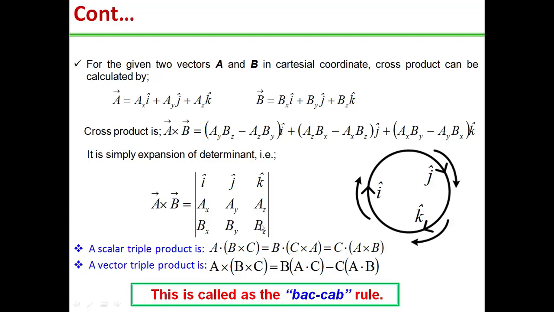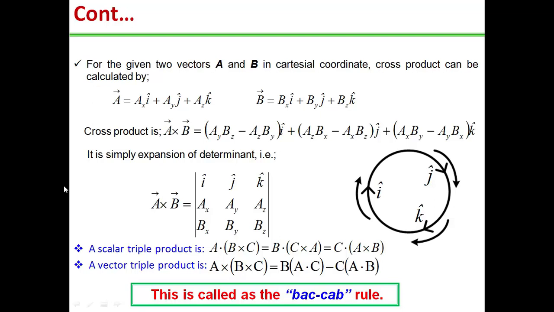Therefore, A cross B is equal to (ay bz - az by) i + (az bx - ax bz) j + (ax by - ay bx) k. These are basically the three components of i, j, k, which are obtained by simply solving the determinant of A cross B.